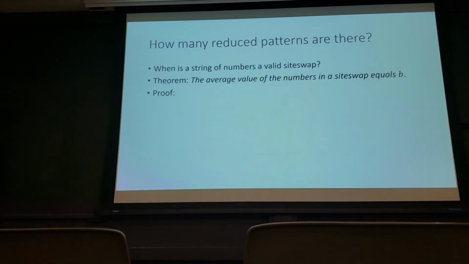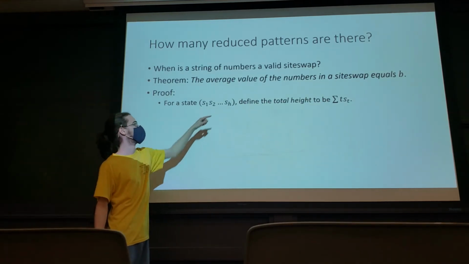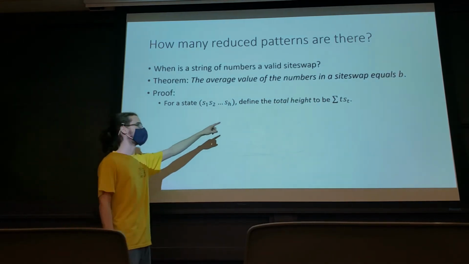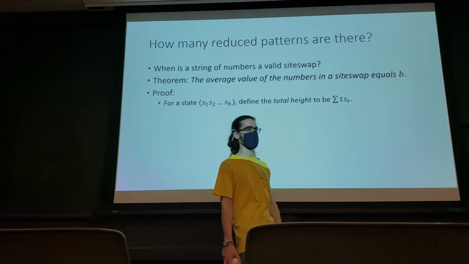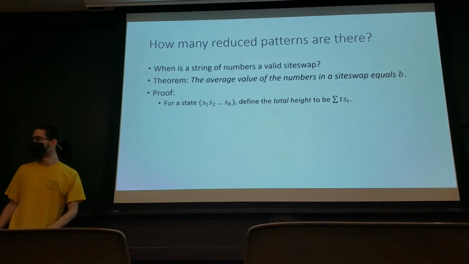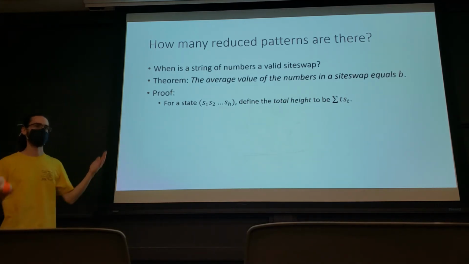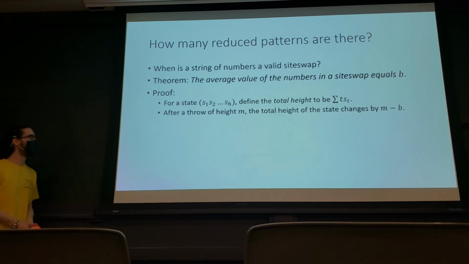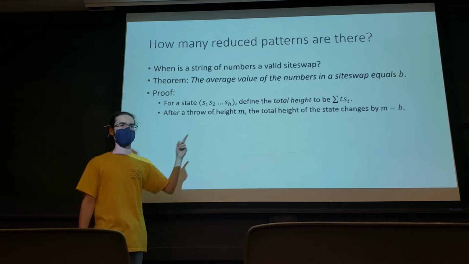And why is that the case? It's actually pretty simple. Let's say we have a state, a binary string s1, s2, and so on up to the maximum height. Let's define the total height of the state to be the sum of the indices where the 1s are. This is more or less some notion of how much potential energy there is in the system. After I do a throw of height m, the total height of the state changes by m minus b.